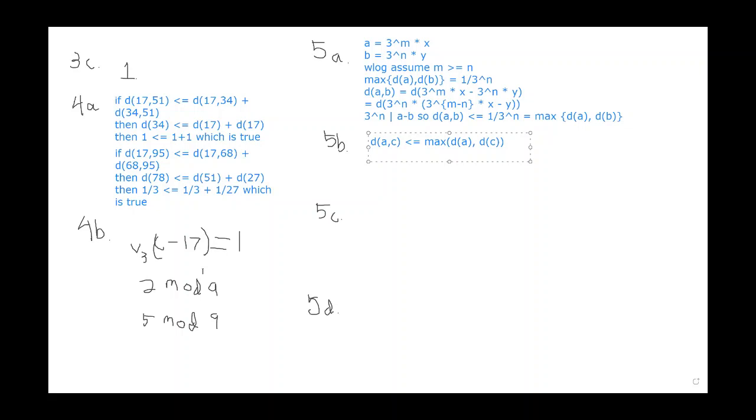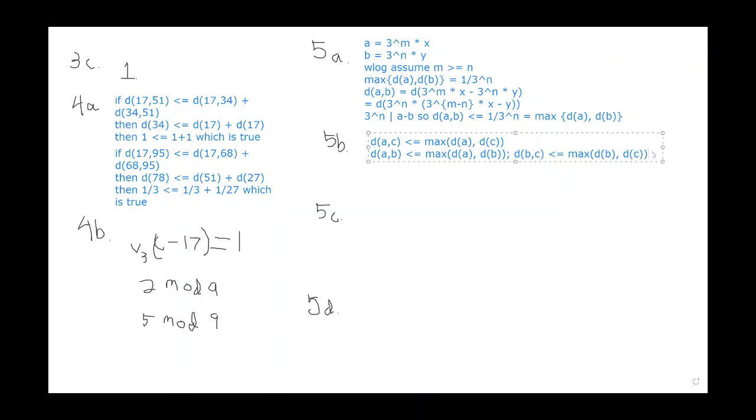The right-hand side, we know d of ab is less than or equal to max of d of a and d of b. Moreover, we also have d of bc is less than or equal to the max of d of b and d of c. Let's see if I can fit this here.